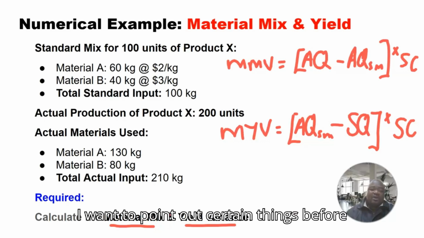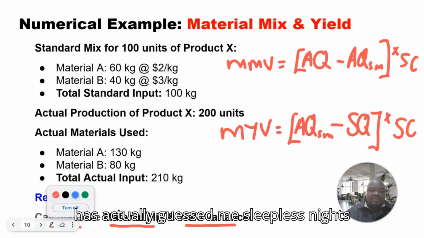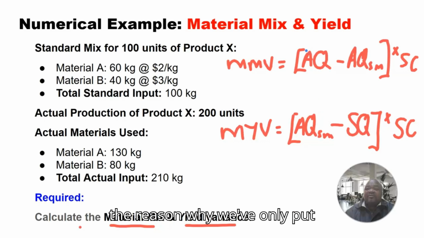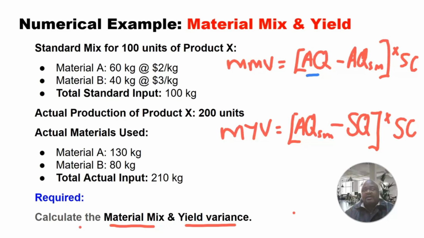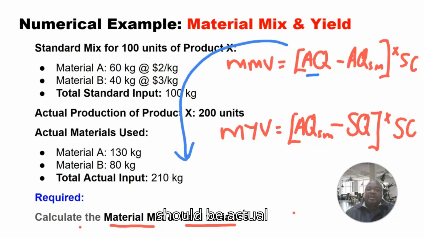All right, but I want to point out certain things before we do the computations, because it has actually given me sleepless nights that I didn't mention these things earlier on. The reason why we have only put actual quantity there: the real weighting should be actual quantity at actual mix.